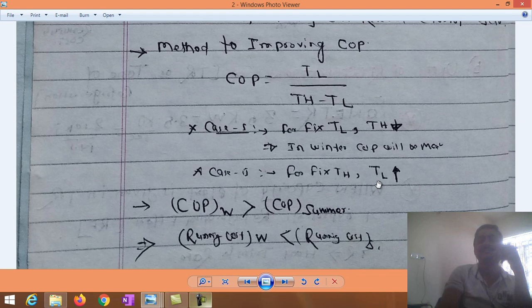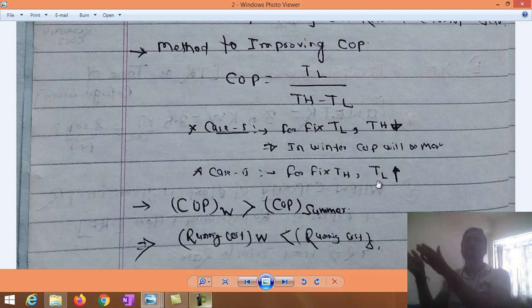Let us suppose the outside temperature is fixed at 30 degrees centigrade, and there are two conditions. In one condition, you have to maintain the temperature of fridge at 10 degrees centigrade. In another condition, you have to maintain the fridge at 15 degrees centigrade. In that condition, if lower temperature is more, the COP will be more, right? Therefore, it can be said that COP in winter is greater than COP in summer.